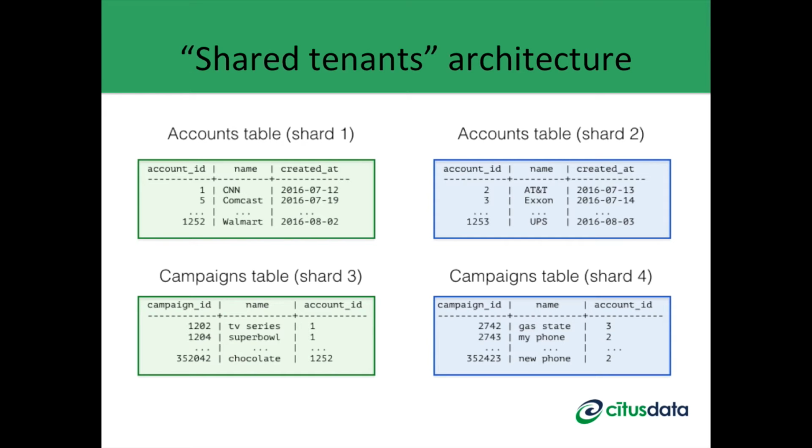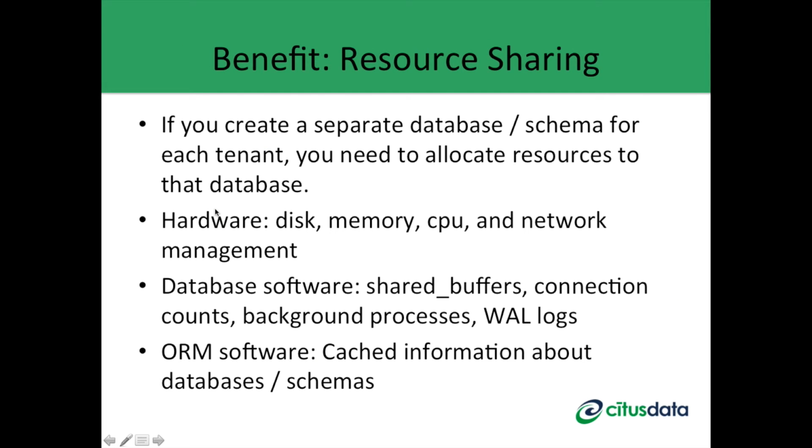In this diagram, for example, we have two tables, accounts and campaigns, and both tables are sharded on the account ID column. Each table keeps data related to over 1,000 accounts as rows within these database tables. And this enables much better resource pooling and resource sharing within one database.